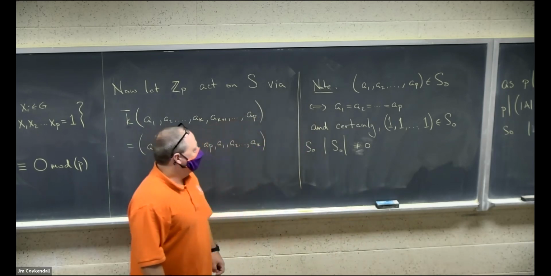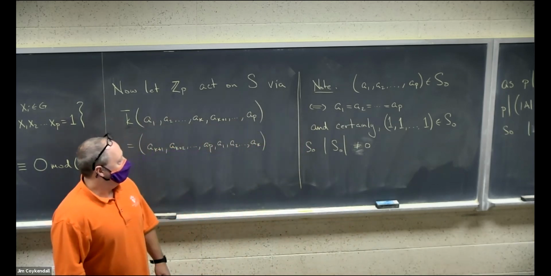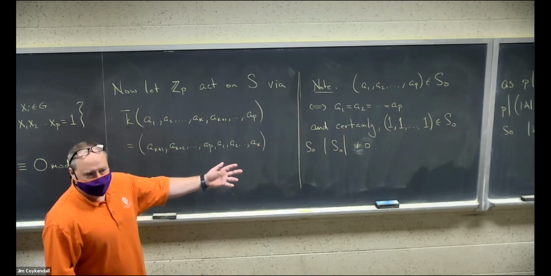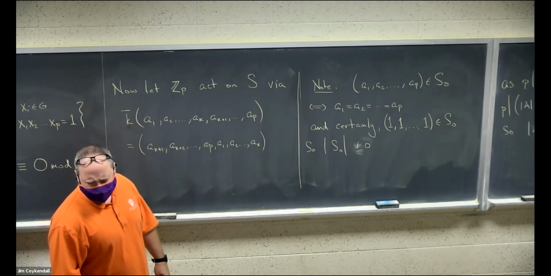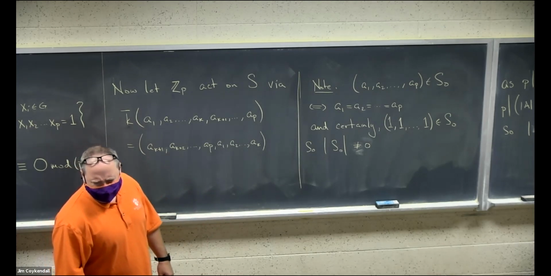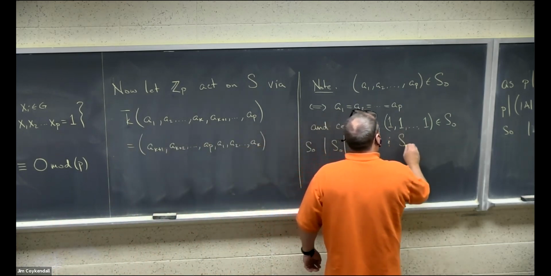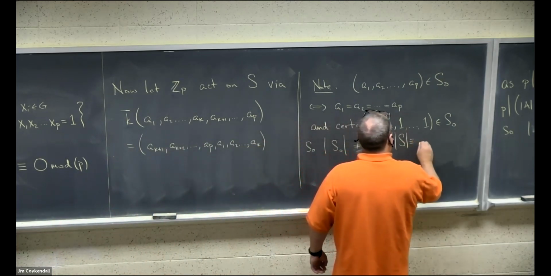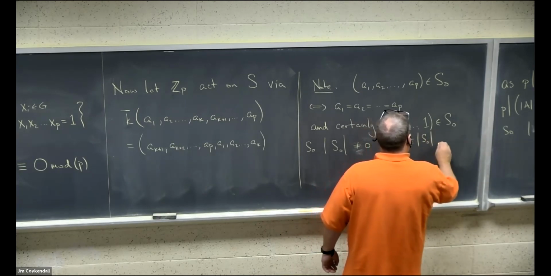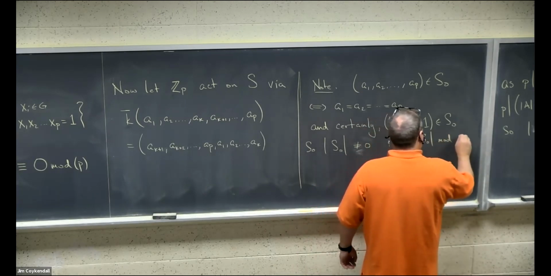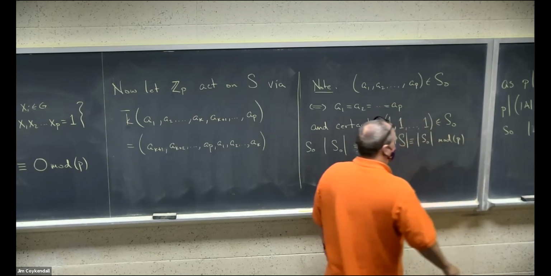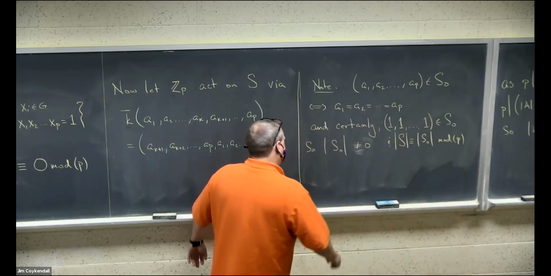So the stuff that's frozen, there's at least one thing that's frozen, namely the entry of all identities. And this is by the previous lemma.